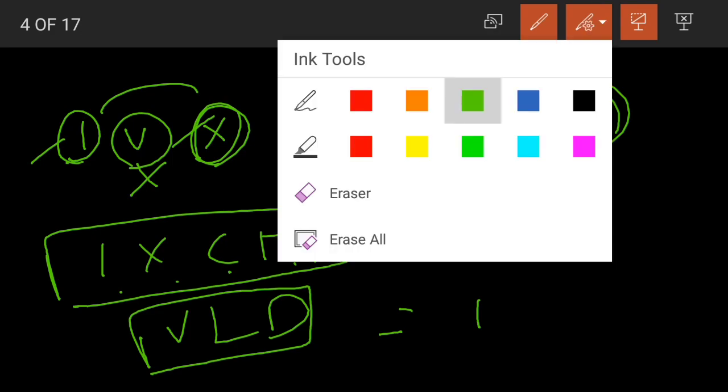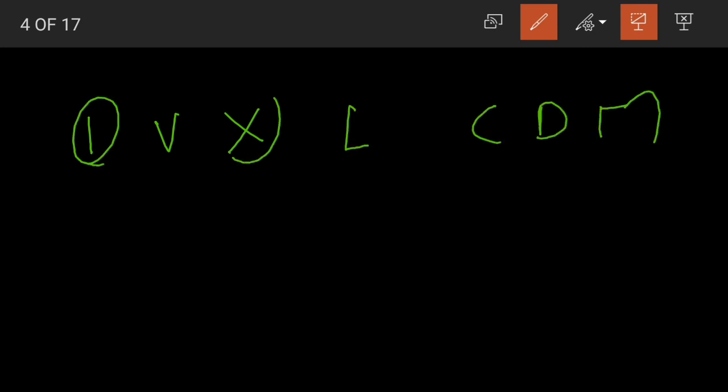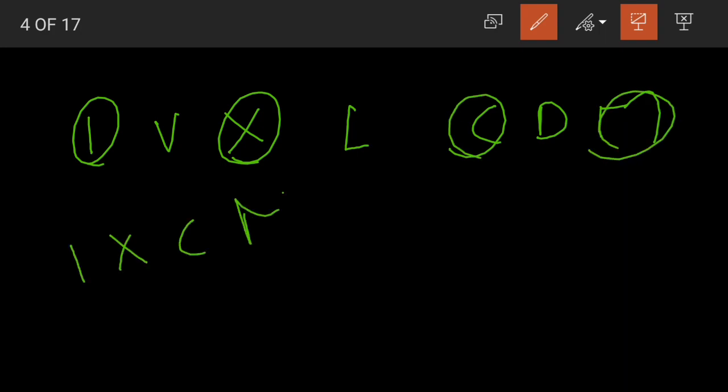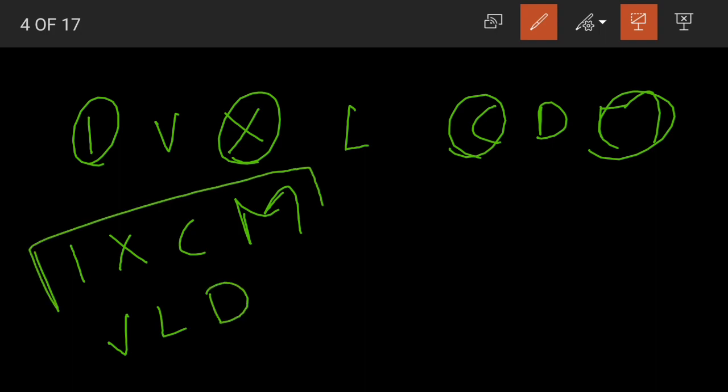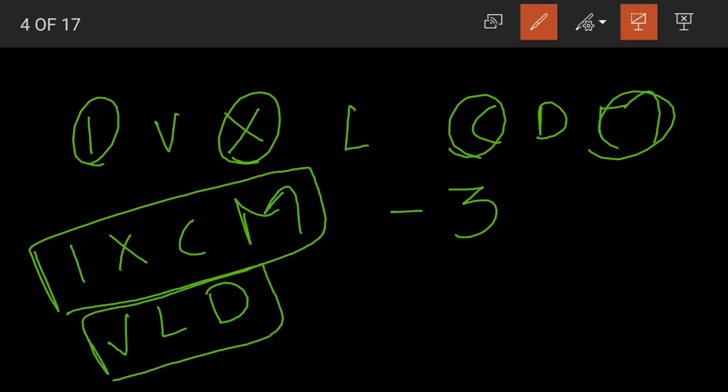We wrote the whole Roman numerals I, V, X, L, C, D, M. Then we took out the alternating symbols. We got I, X, C, M and V, L, D. Now I, X, C, M are more in number, so these can be repeated 3 times. V, L, D are less in number, so they can be used only once.